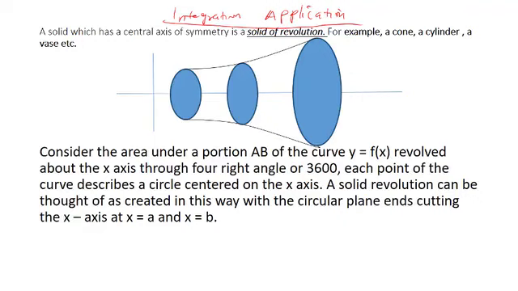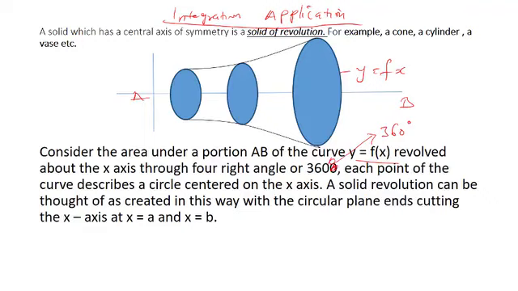For example, a cone, a cylinder, a vase, etc. Now consider the area under a portion AB of the curve, let's say this is A and this is B. This curve y equals f(x) is revolved about the x-axis through 4 right angles, that is 360 degrees.